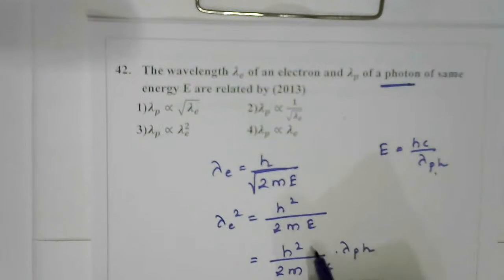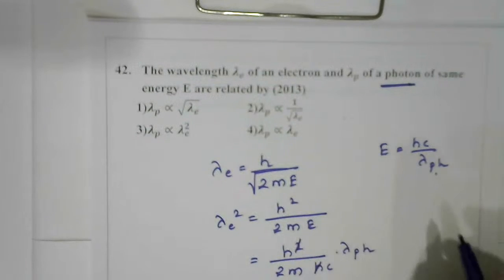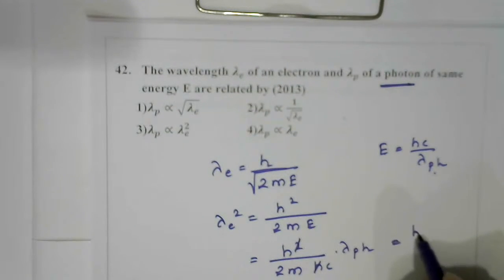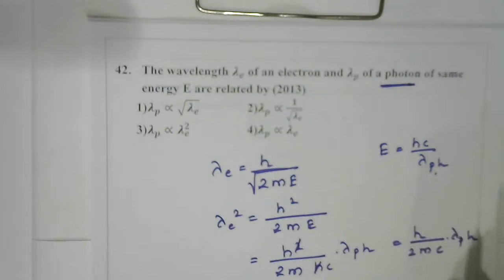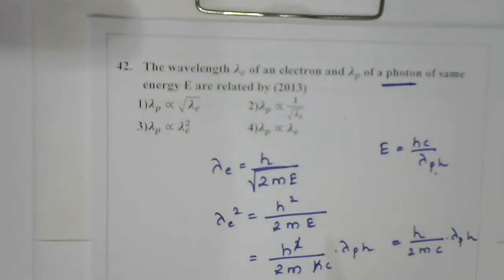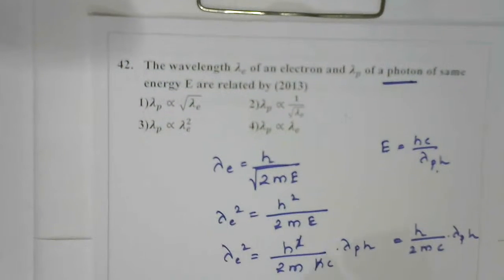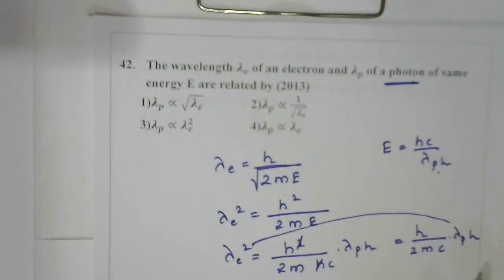So one h gets cancelled. So you are going to get h divided by 2mc into lambda of photon. The question is not to get an exact value, they are only asking for the relation. As per this relation, lambda E square is directly proportional to lambda of the photon.